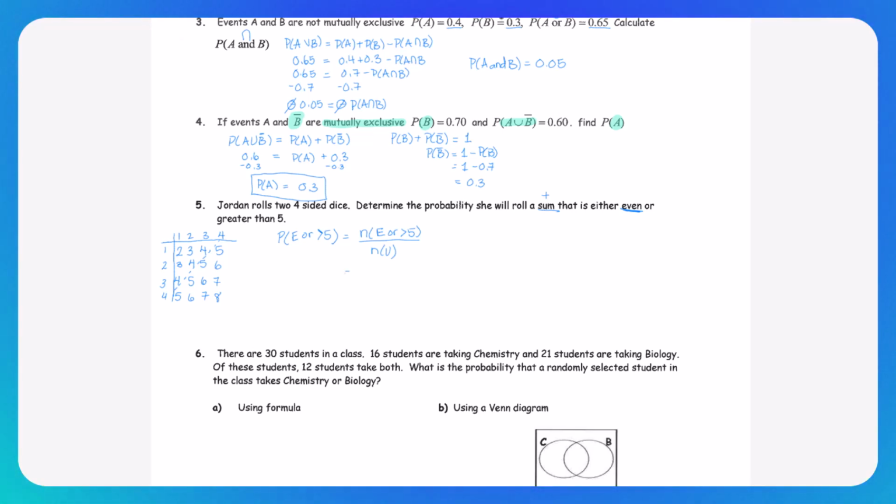Well, the total number of outcomes rolling 2 dice is 16, because there's 4 possibilities for the first die and 4 possibilities for the second, and 4 by 4 gives us 16.